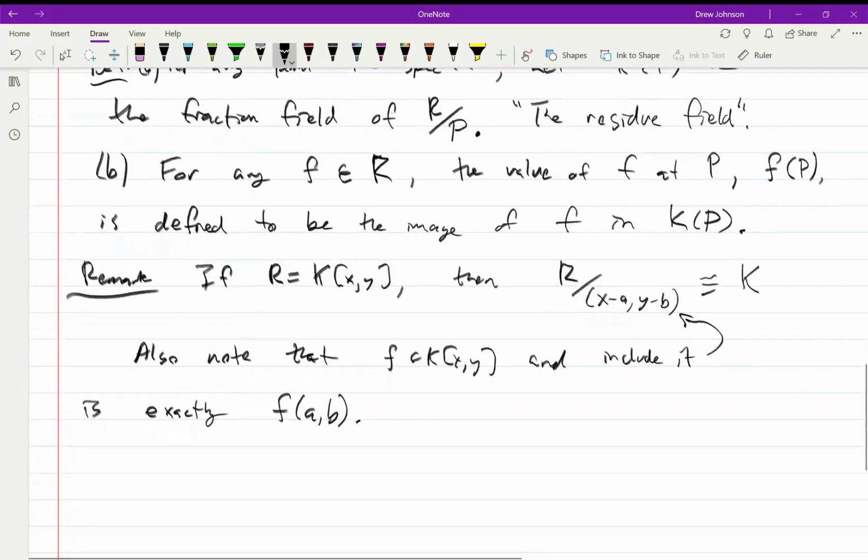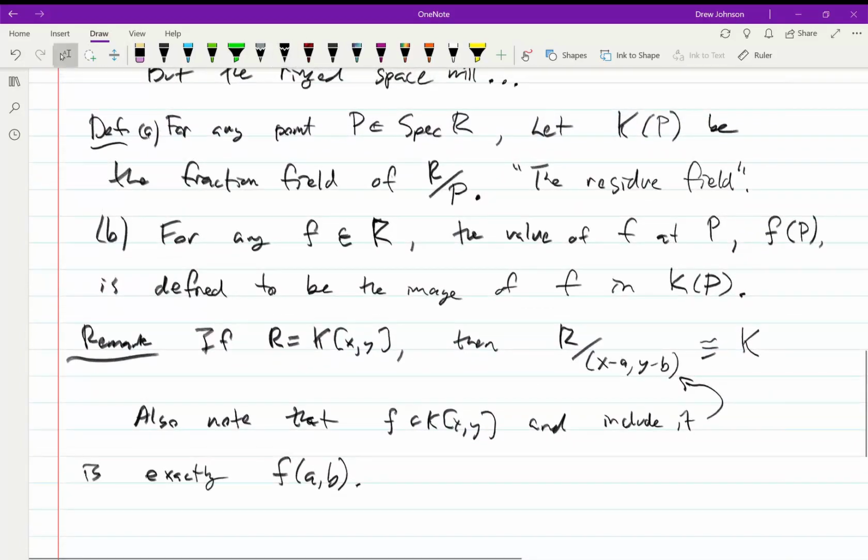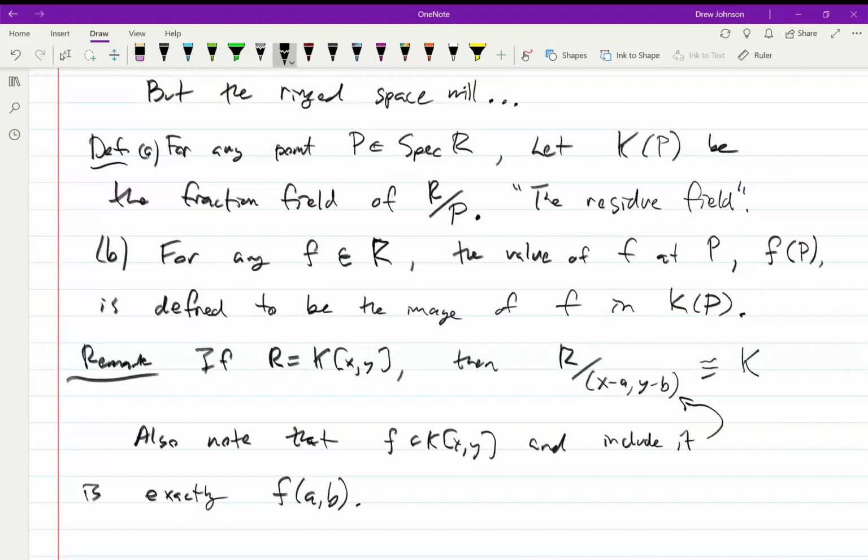Of course, the difference for schemes is that the residue field could be different at different points. For varieties, the functions were actual functions in the sense that they took a point of the variety and gave you a value in a field, and the field was the same field for each point. Whereas for schemes in general, the residue field at different points may be a different field.